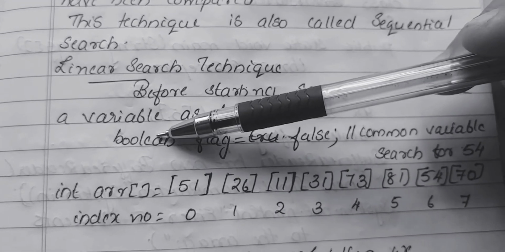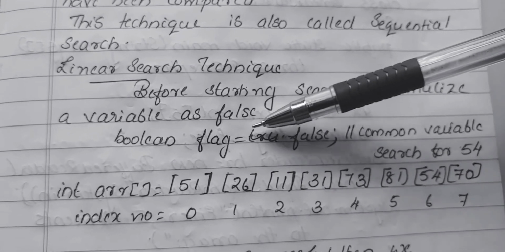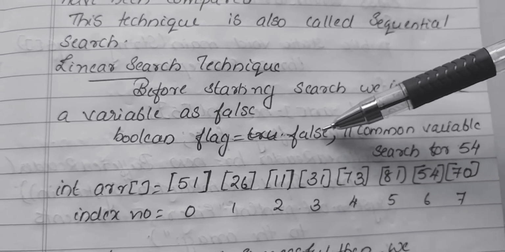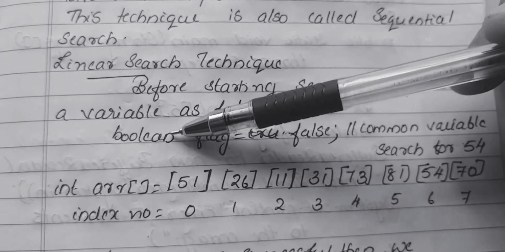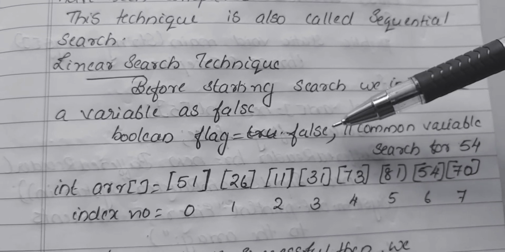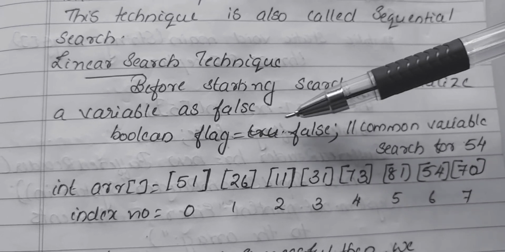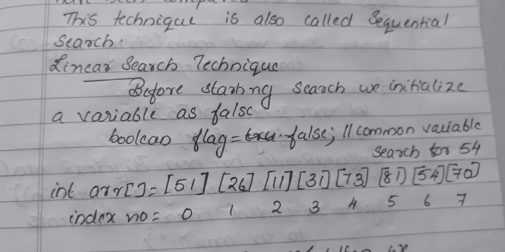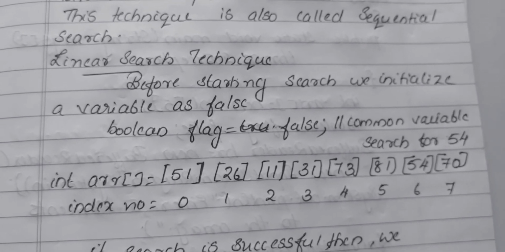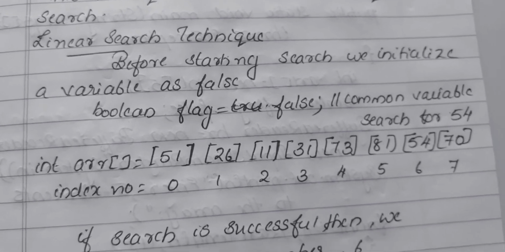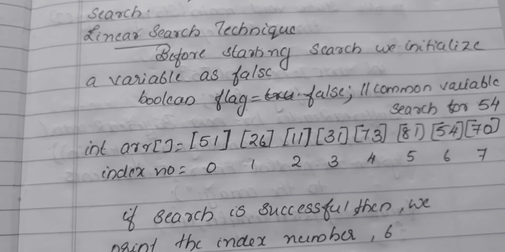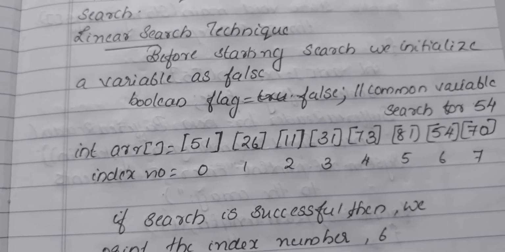The data type of that variable is boolean, and the value of the flag is initially set as false. Boolean holds only two values, true or false, isn't it? So the initial value of flag is set as false. In search techniques, the most common thing we do is use a variable for searching. That particular variable is known as flag.